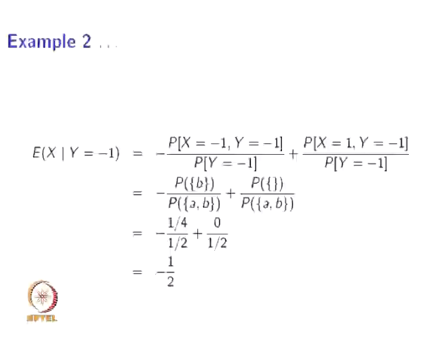Therefore, the probability of sample A is 1 by 4. The probability of Y takes the value minus 1 is possible with A and B, therefore it is 1 by 4 plus 1 by 4, that is 1 by 2. The empty set probability is 0, and the denominator probability is 1 by 4 plus 1 by 4, that is 1 by 2. Therefore, simplification gives the expectation equal to minus 1 by 2.